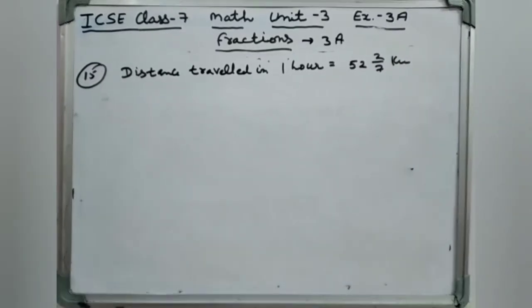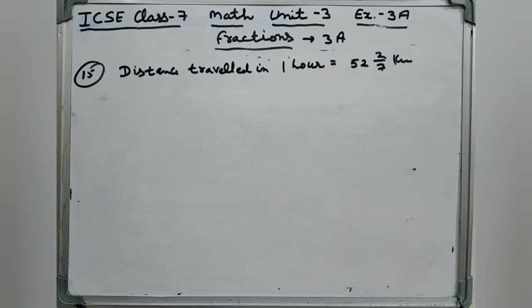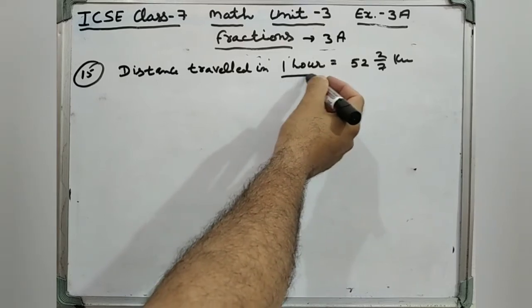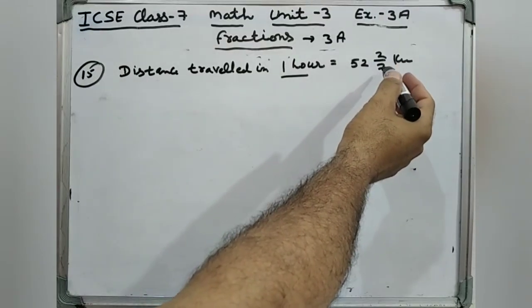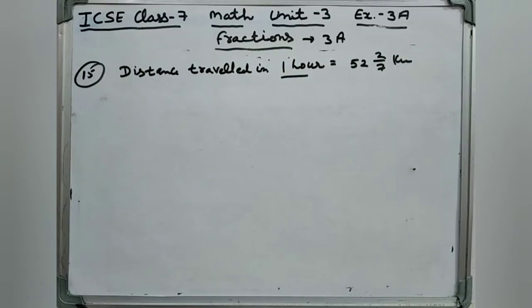Here he has said the car travels from city A to B with a uniform speed of 52 by 7 km per hour. So from here we will assume distance traveled is 52 by 7 kilometers in 1 hour.